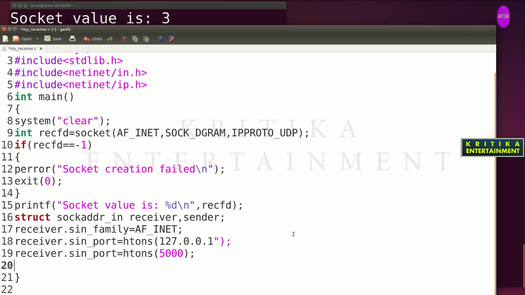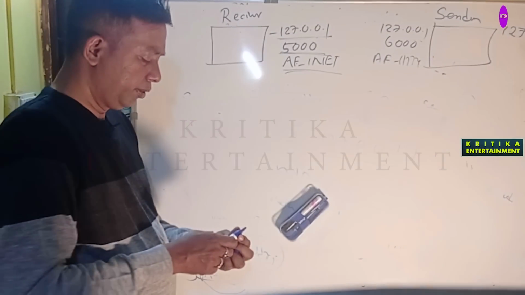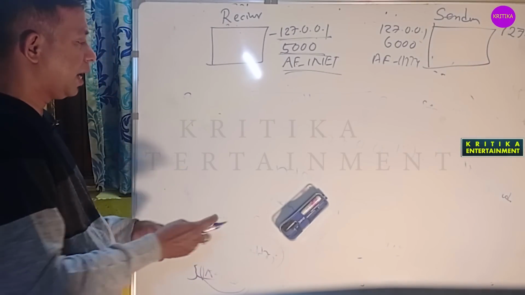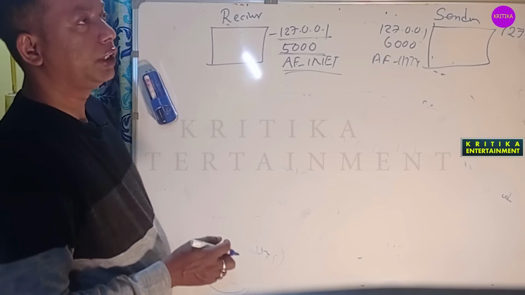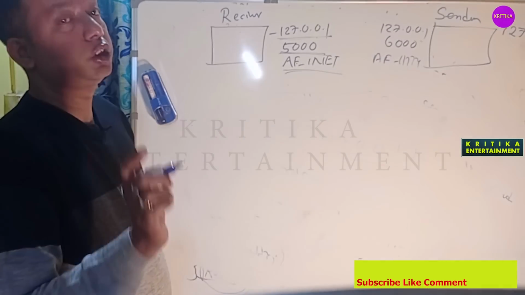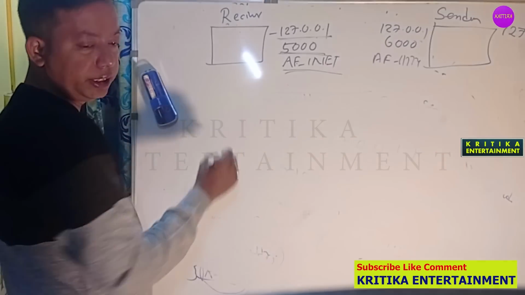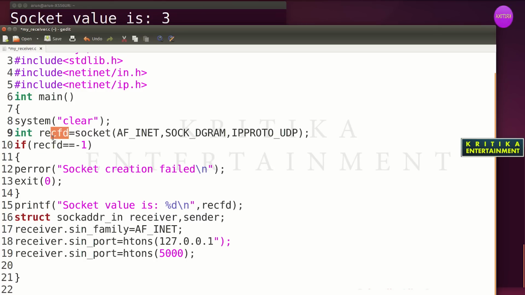Then next is the bind function. I have shown you in the UDP connection diagram, there is a bind function. What is the bind function? The bind function is used to associate the port, IP address and domain to the socket. Here the socket is named RECFD, receiver FD.